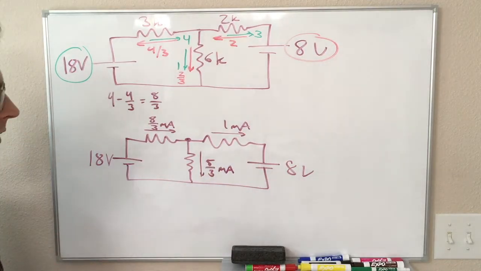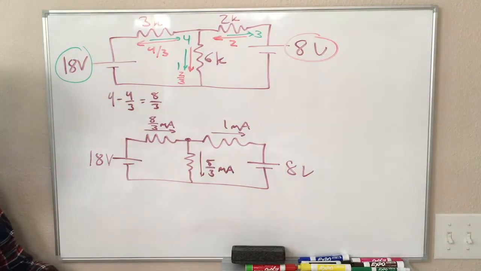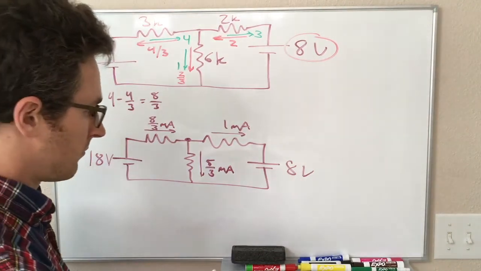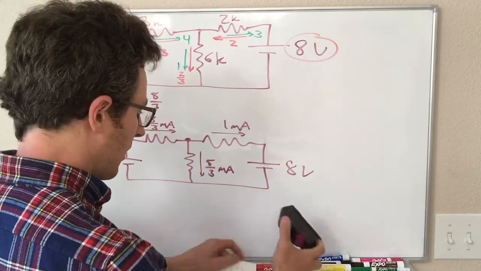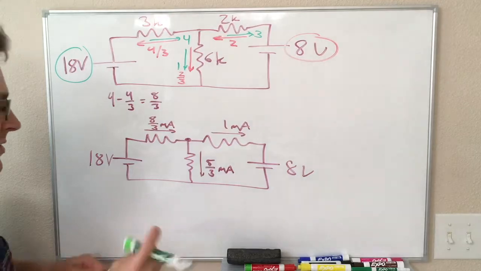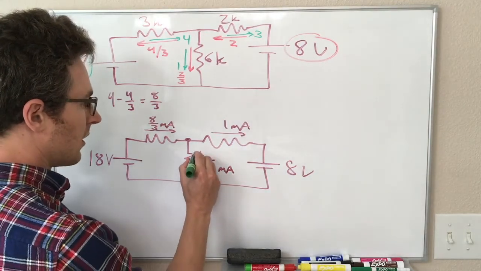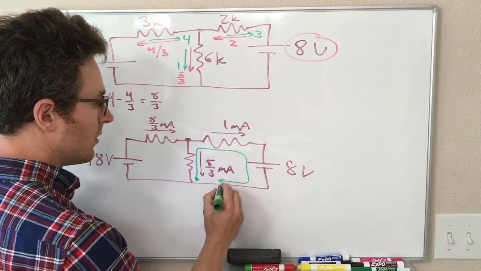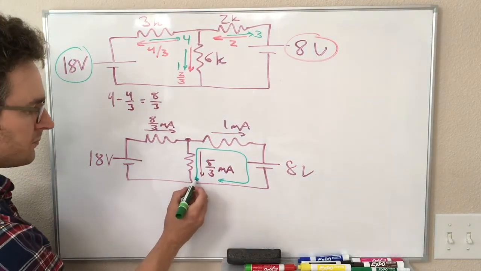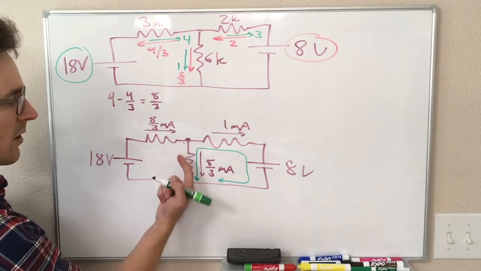Kirchhoff's current law holds. Let's just check a voltage loop law at some point on here, just to make sure we haven't done anything wrong. We might as well check if we can. So let's use the voltage law on a loop that looks like this. So starting here and going around this loop like that. So going from here to here, we're going opposite the direction of the current.